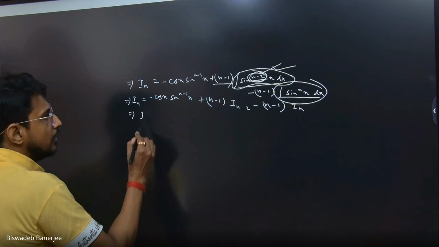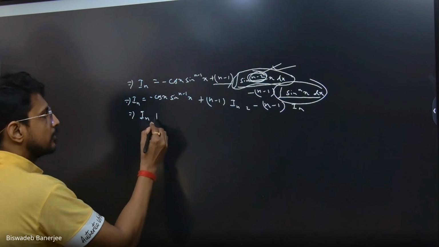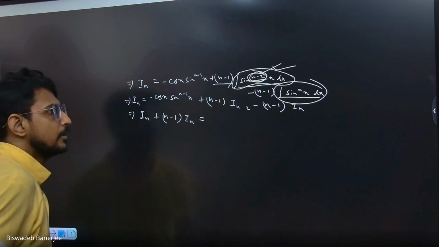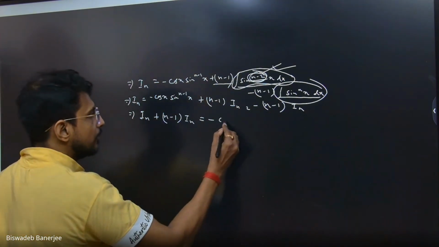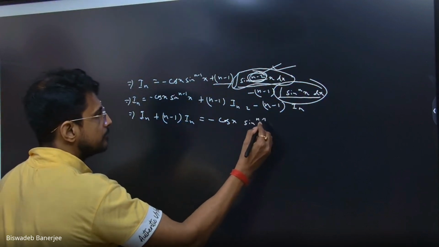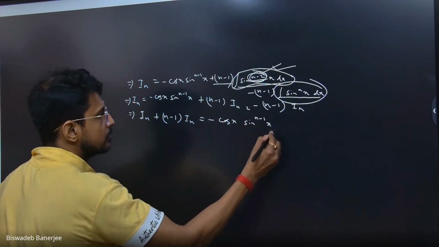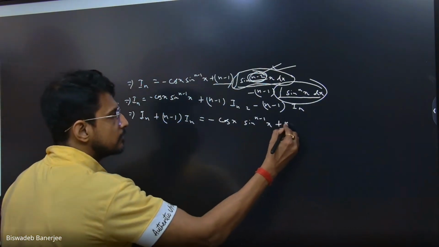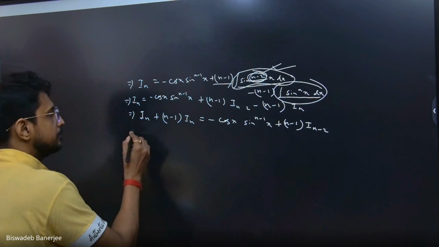And finally, you can take this IN to the left hand side. My right hand side remains as it is. This is the first term on the right hand side, and this portion remains as it is.